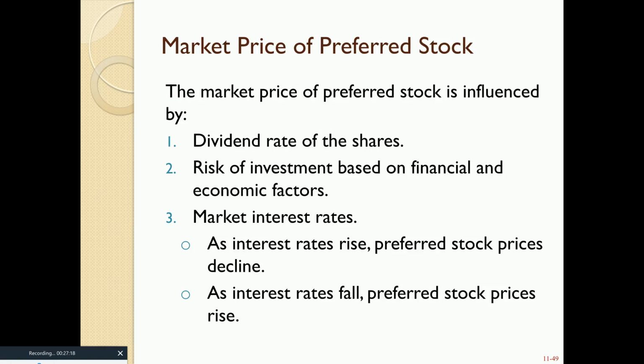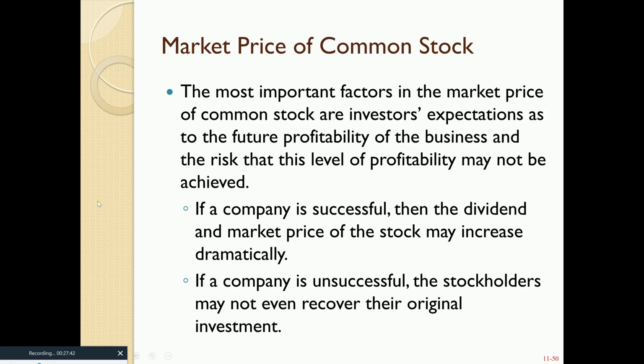Okay, preferred stock, just like common stock, can have a market price, and it's influenced by a number of things. But the free capitalistic markets are setting the price. Usually what's taken into account are dividend rates, risk, and market interest rates in setting the price of preferred stock.